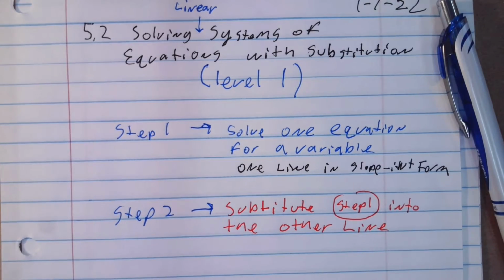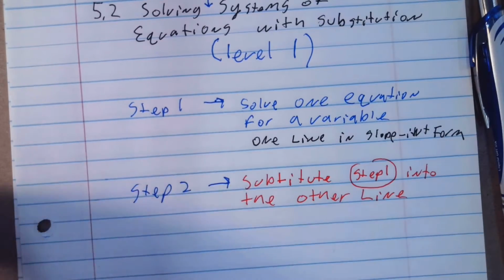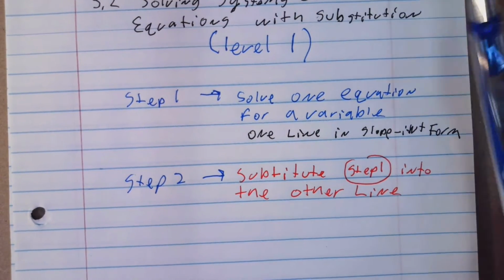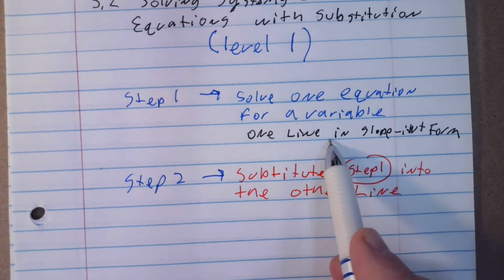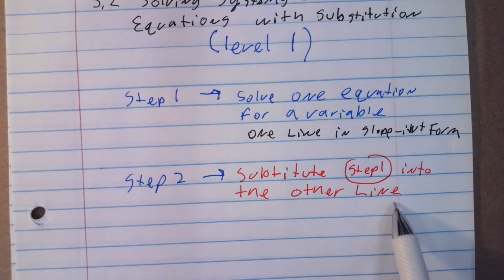Okay? And you don't have to understand any of this right now. We're just writing these down so I can refer back to them. So we're going to substitute whatever we got for step 1 into the other line that we didn't use.